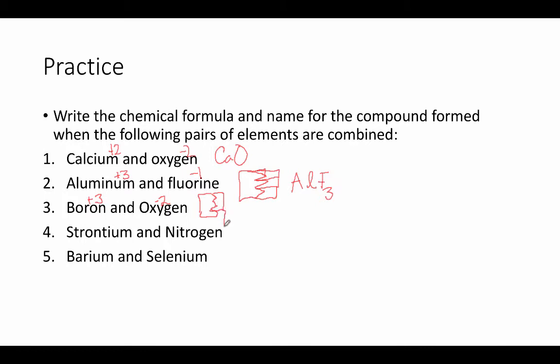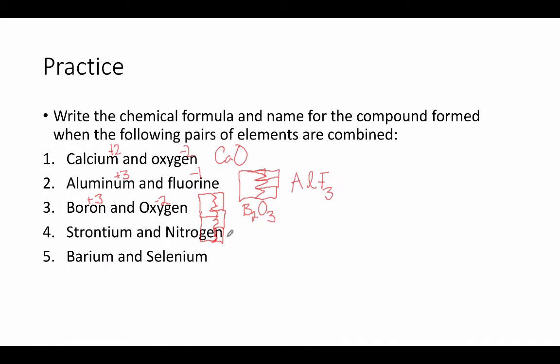Now if I add another one, I have an extra indent for the oxygen. So I need another boron, which has 3 pointy parts. So there's 1 that's taken up, and then this would have 2 extra, so then I would cover that up again. So then I have 2 borons and 3 oxygens, so it would be B2O3.